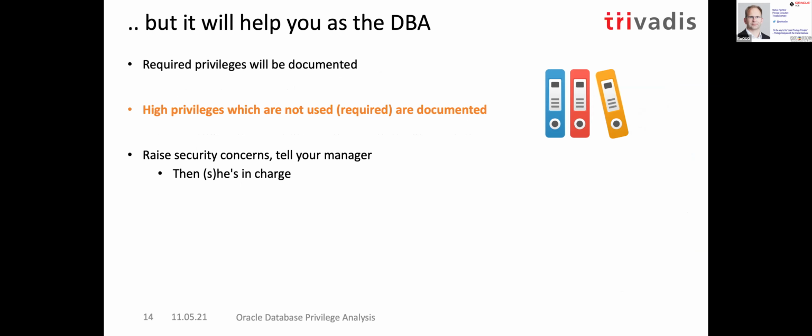Even if the privileges are not changed, they are documented, and you can tell your manager, okay, I told you this is a kind of security leak if the user for the application has still this privilege. So it's helpful for you as a DBA.